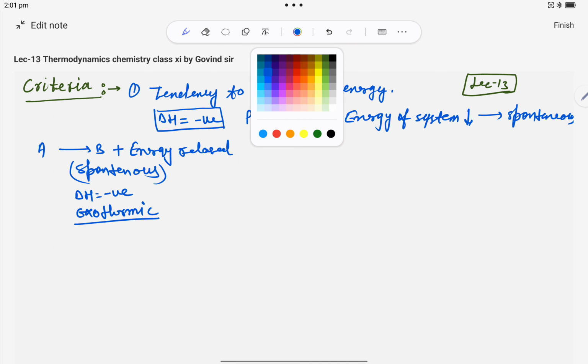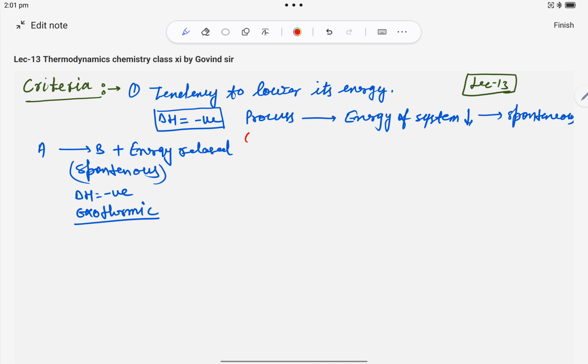So a few examples we will discuss. Like H2 plus half O2, both in gaseous state, forming H2O gas. In that case, delta H is minus 280 kilojoule per mole.